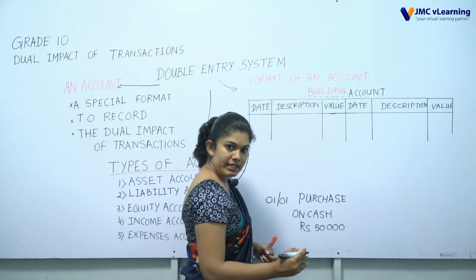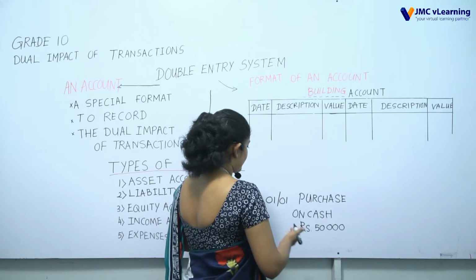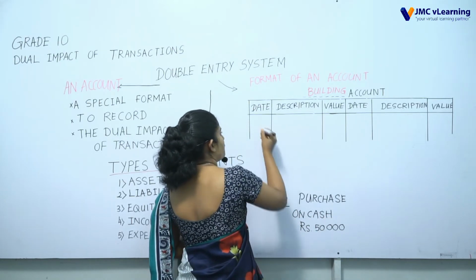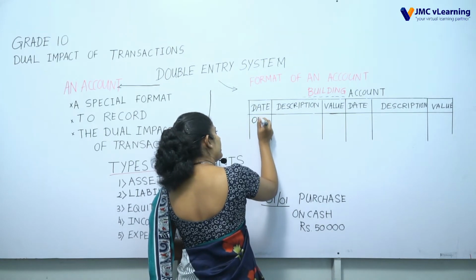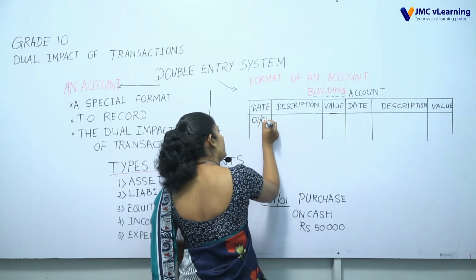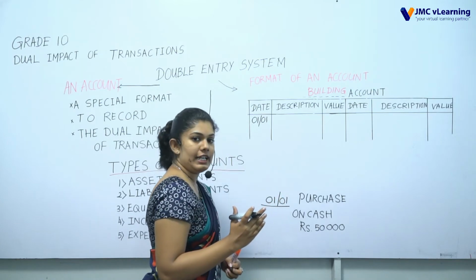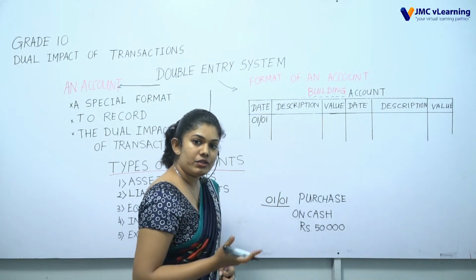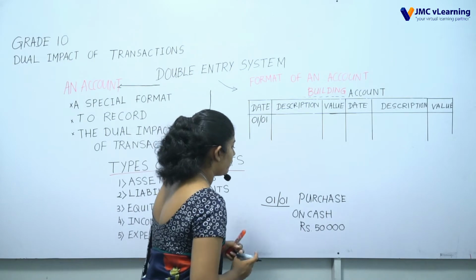When we record this transaction, it's obvious the transaction date is 1st of January. So we write it like this, 1st of January. Description is the other entry. That means there are two entries here.